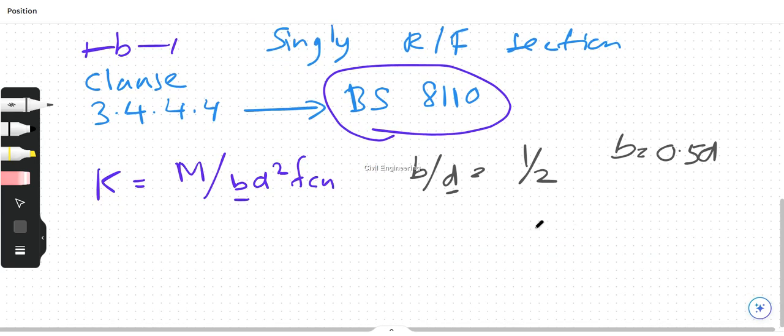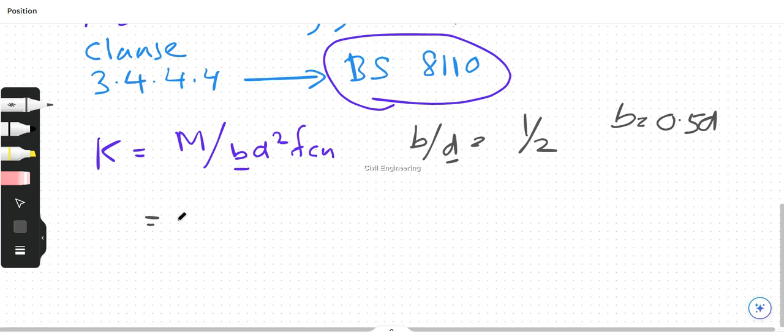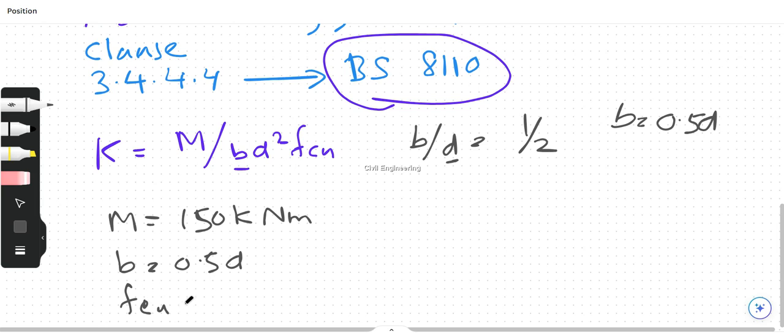d means effective depth. Here we know that M is equal to 150 kilonewton meters, and b equals 0.5 d, and we don't know the d value here. f cu equals 25 newtons per square millimeter.